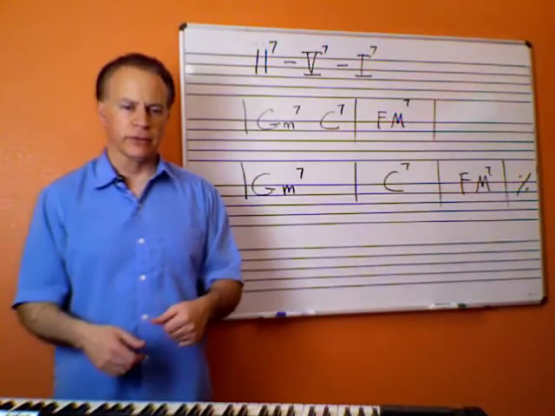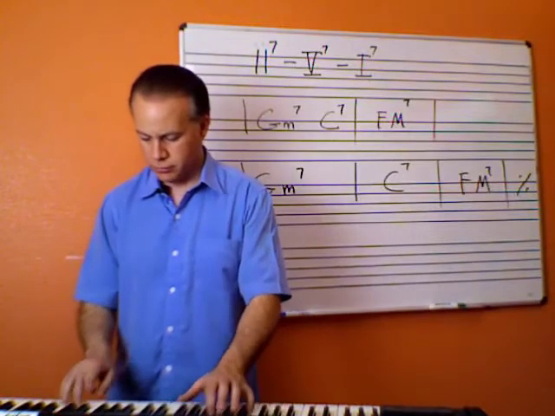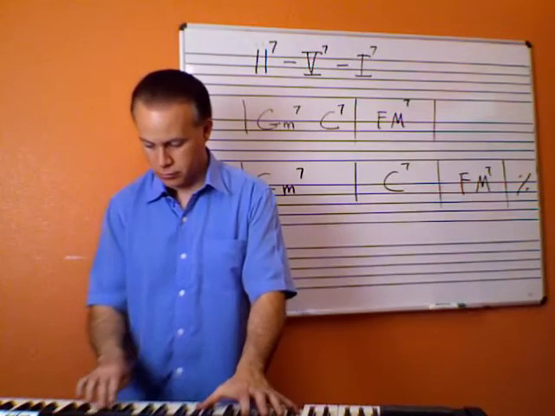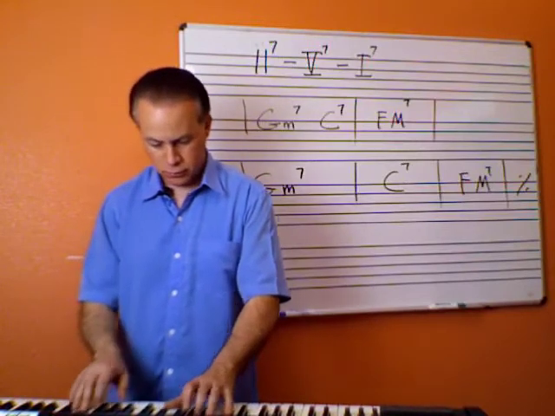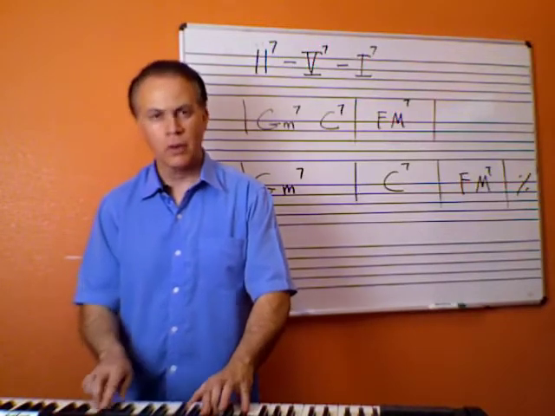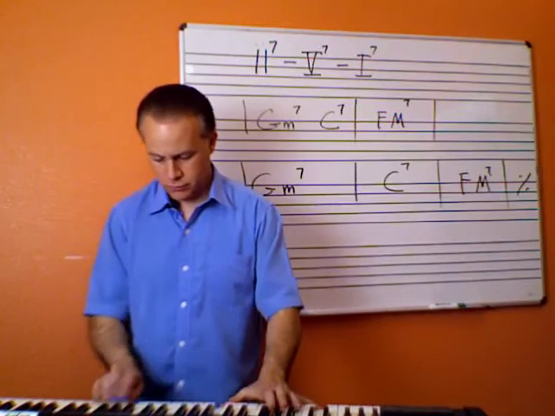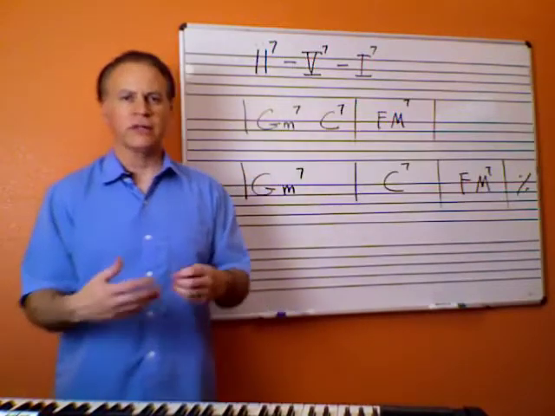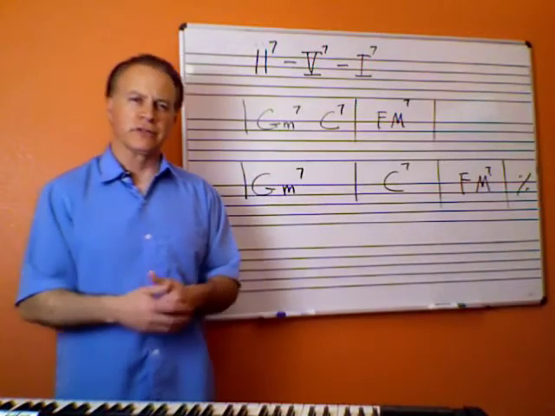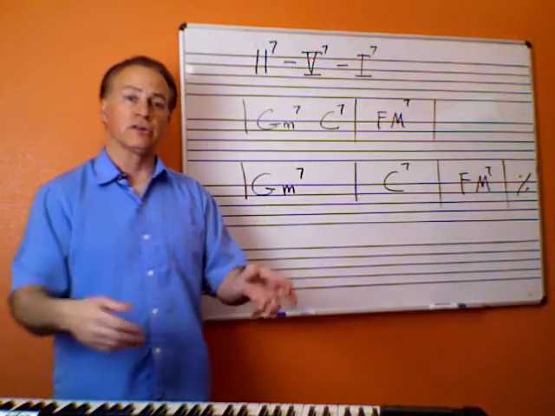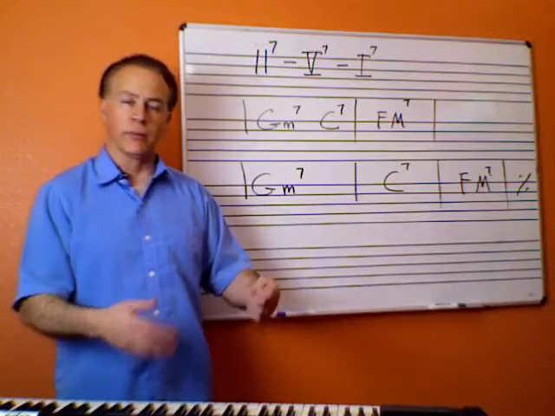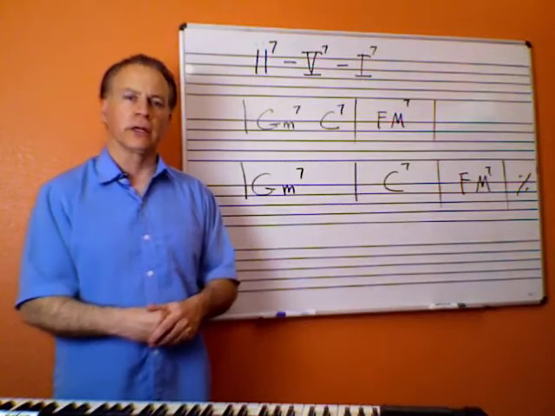And I play that in a couple of different keys. You can see that I'm getting some material together on 2/5s in different keys. So when I see a tune I've never seen before, and all of a sudden it says G minor to C7 or D minor to G7, a measure apiece, I've got some material ready to go.